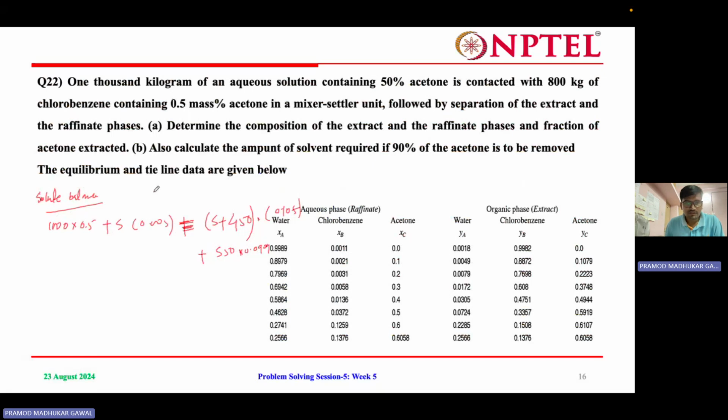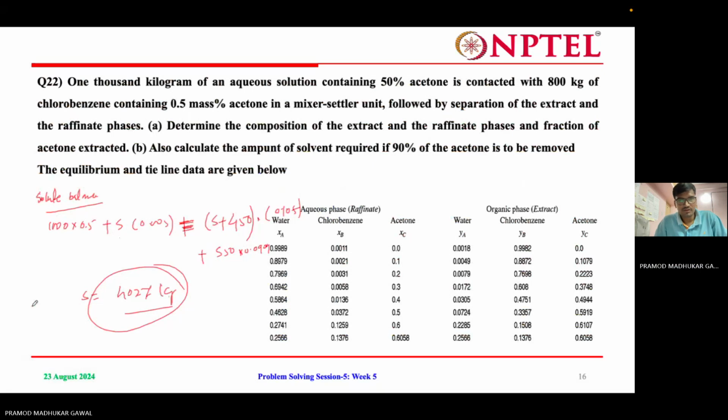Here the raffinate phase is 550, so 1000 minus 550 gives 450, the solute. So from all this we get 4027 kg of chlorobenzene required for 90% acetone removal, right?